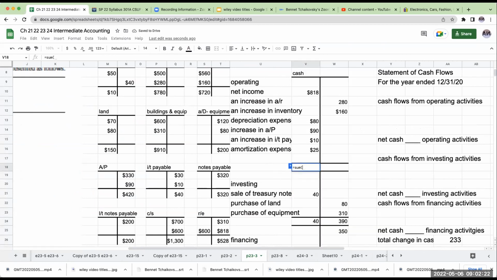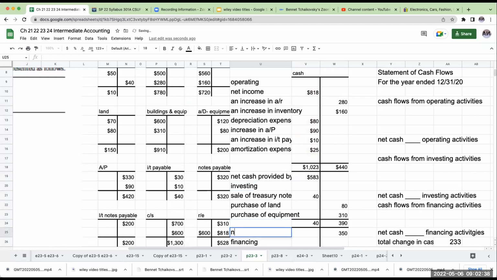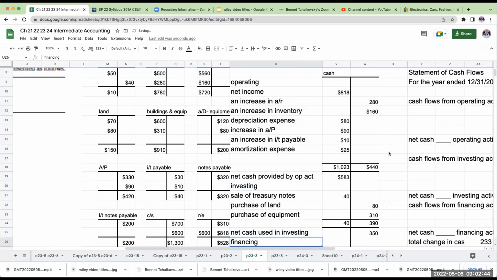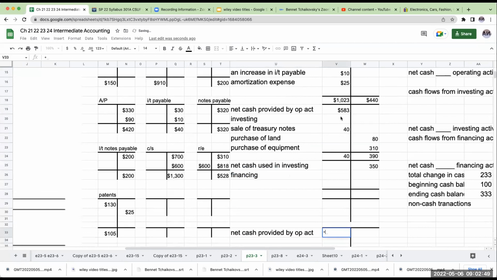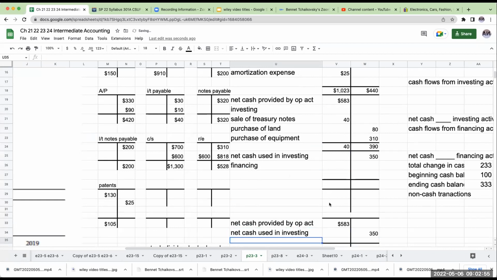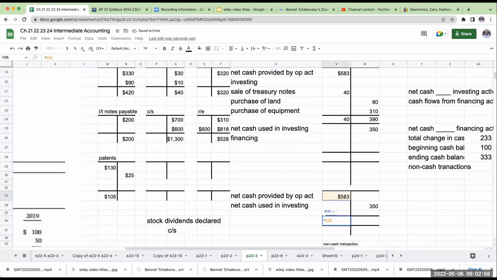On the operating side, so right over here, I've got used in investing and provided by operating. And so if I look at both of these over here, the magic number we're looking for is going to be right over here. We got it to balance.